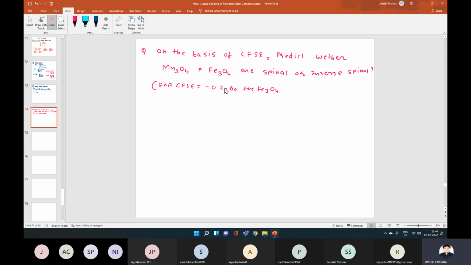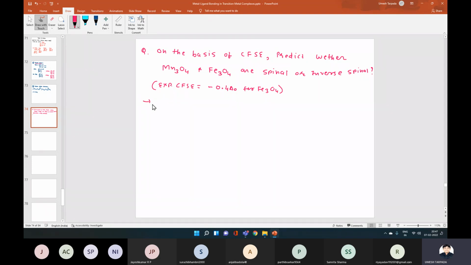The experimental value is given. So now what can you do? You can do the CFSE calculation and compare with this one. Similarly, for Mn3O4 it is given.